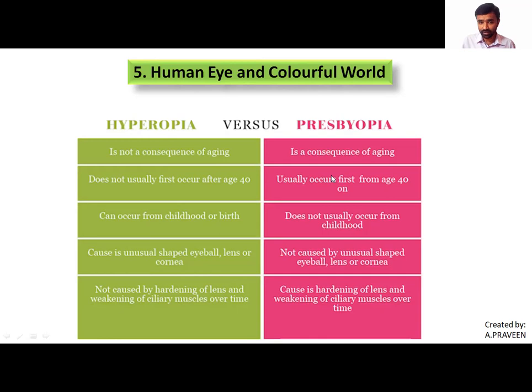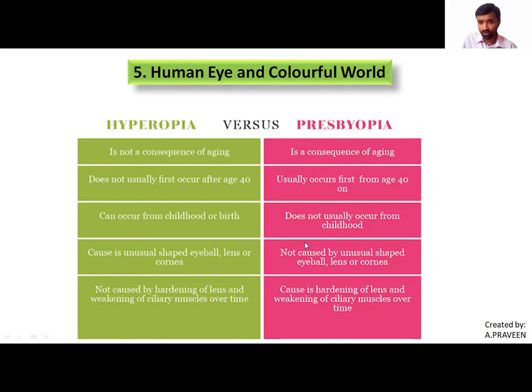In hypermetropia, the shape of the eyeball is unusual, or it may depend on the lens, or on the outer layer, the cornea. Many reasons are there for the hypermetropia defect.